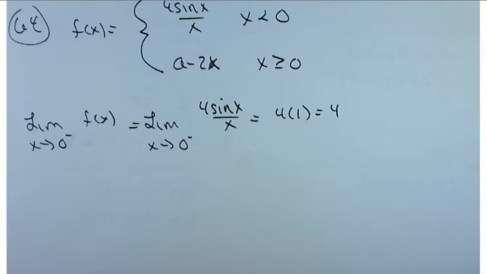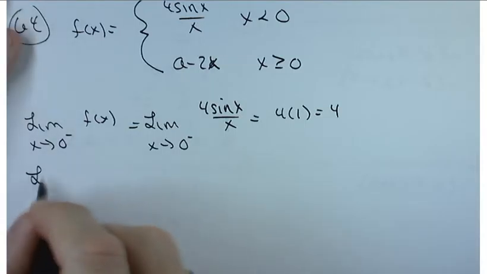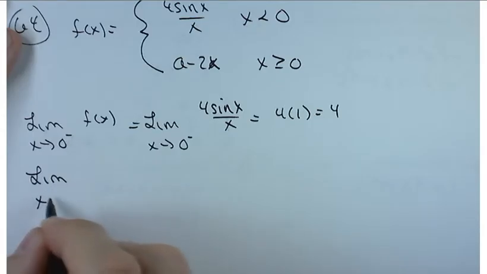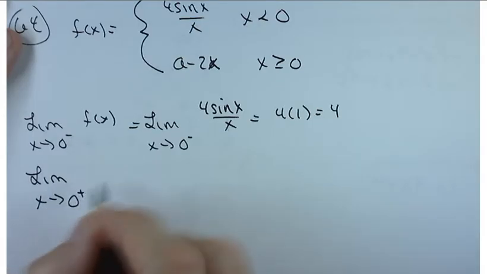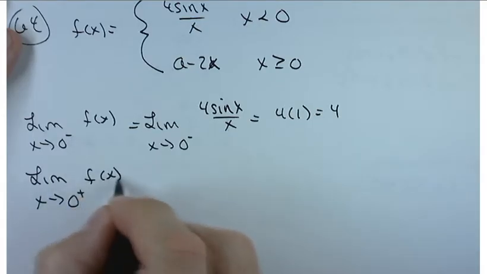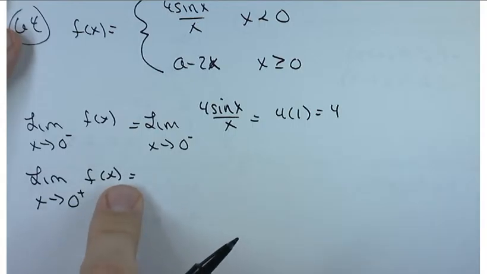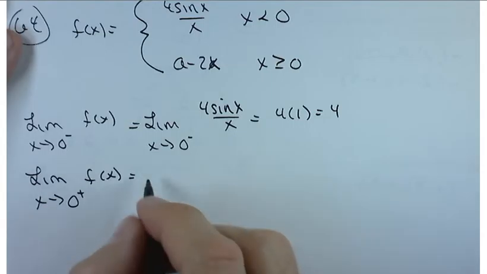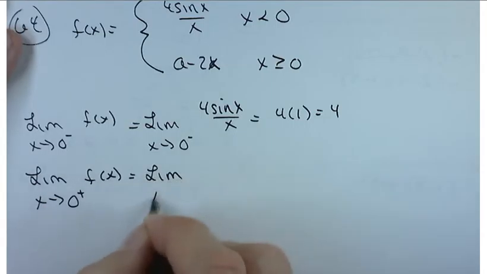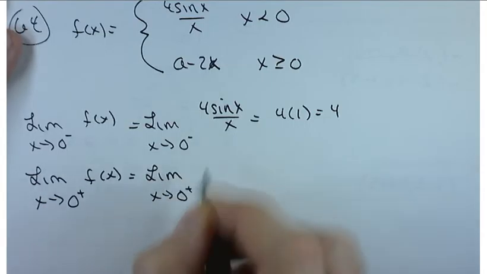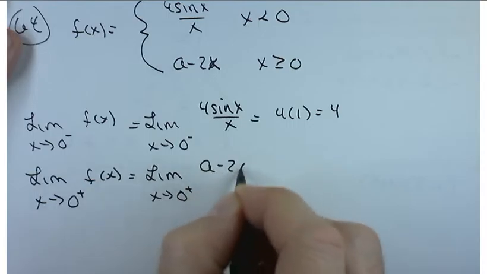Now I need to calculate the limit from the right. And then I need to make sure that they're equal. So the limit as x approaches 0 from the right, well, instead of writing f of x or 4 sine of x over x, what should I write here? Yeah, a minus 2x.